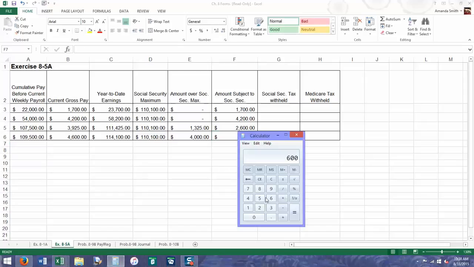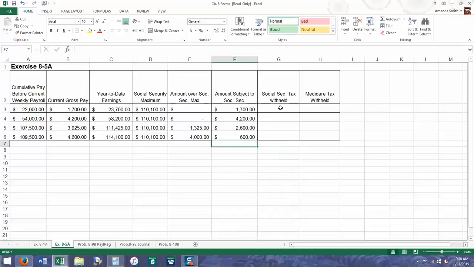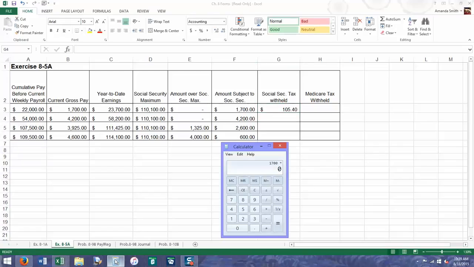Now, the Social Security tax, we're going to take the amount subject to the Social Security tax and multiply it by the 6.2%. So we have 1,700 times 6.2% gives us $105.40. We're going to do the same thing for the rest of the employees. Take the amount subject to Social Security and multiply it by the 6.2%.